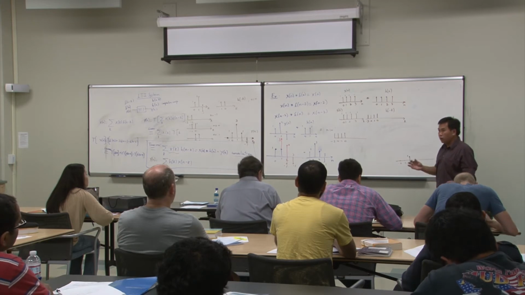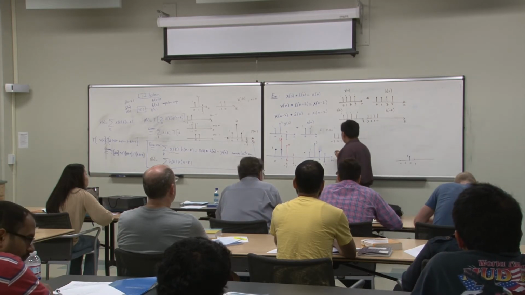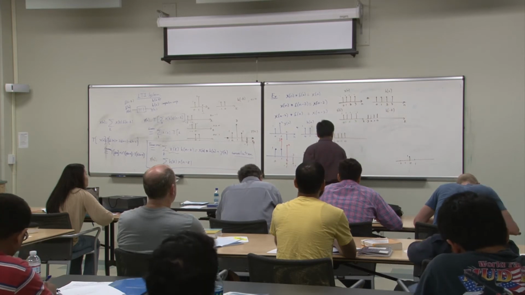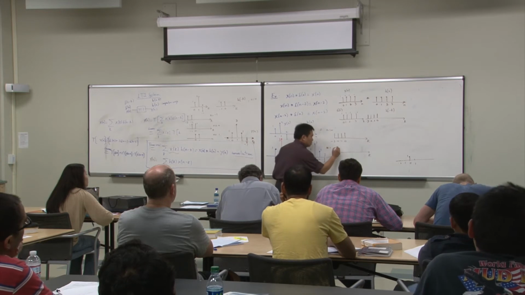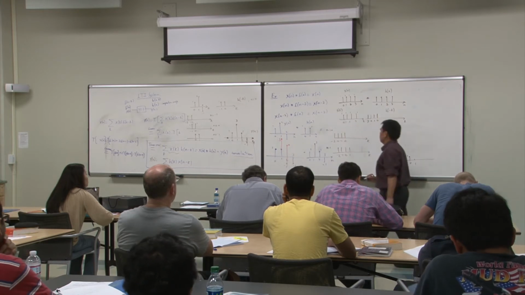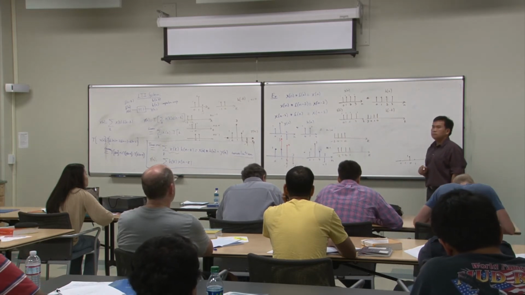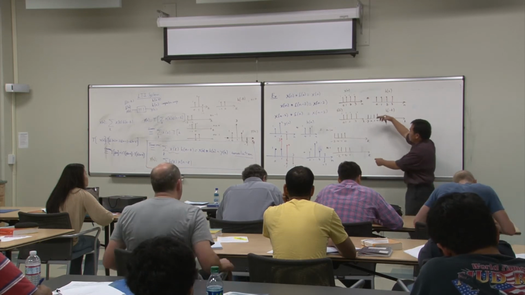What's the output at time 1? We shift this to the right by 1. This is n equals 1. And how much overlap do I have?